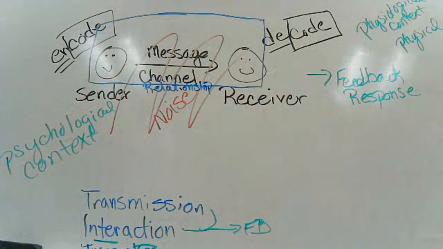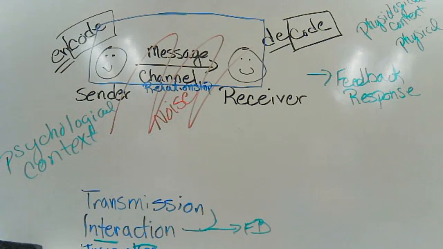All right. We change our communication style depending on the relationship. So how you communicate to your parents is very different from how you communicate to your best friend. It's the relationship that you have.